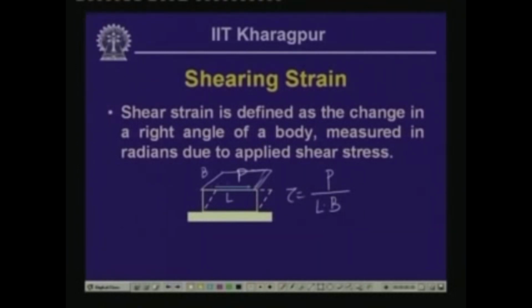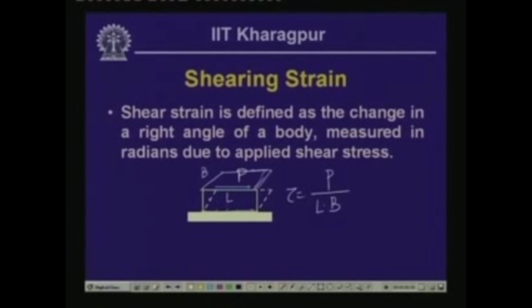Now, this particular body is fixed at this end and this horizontal planar force will try to cause a deformation in this body, and it is expected that in its deformed state it will undergo deformation as shown in this dotted line.